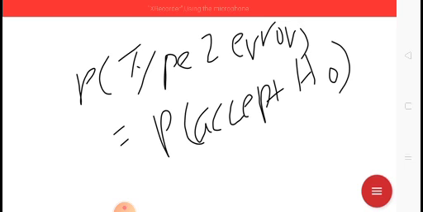So if you accept H naught when H1 is true, or you accept H naught when H naught actually is not true, you will play around with the question that is given, so you have to be flexible with the sentence given. The major part is you accept H naught, so that is the probability of type 2 error.